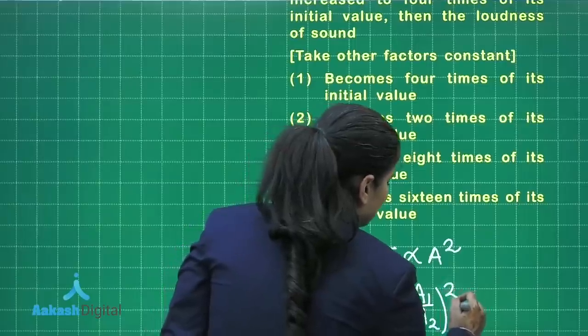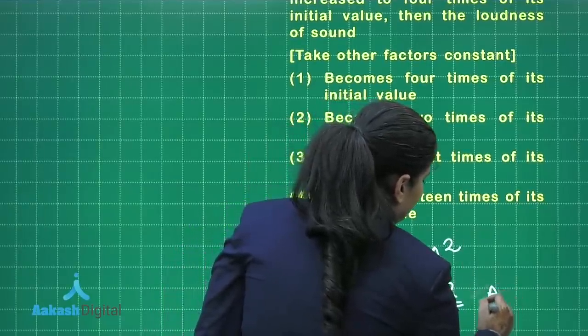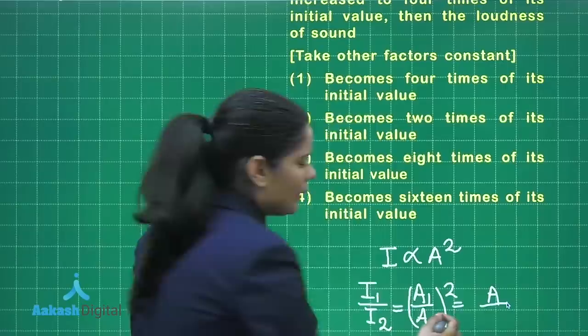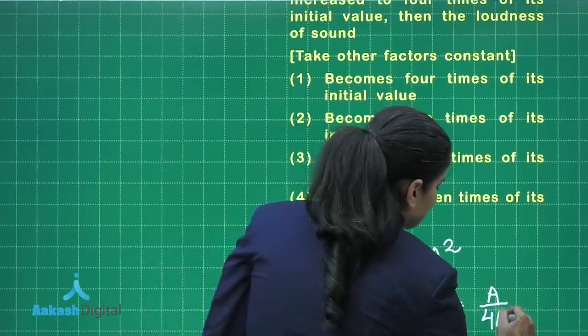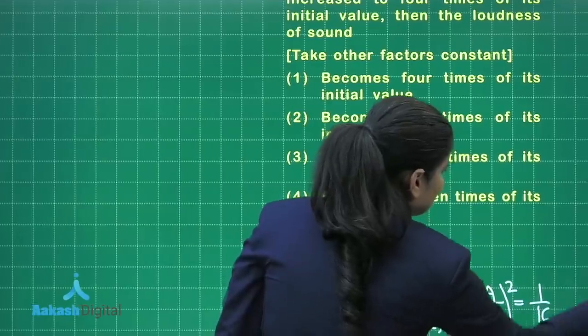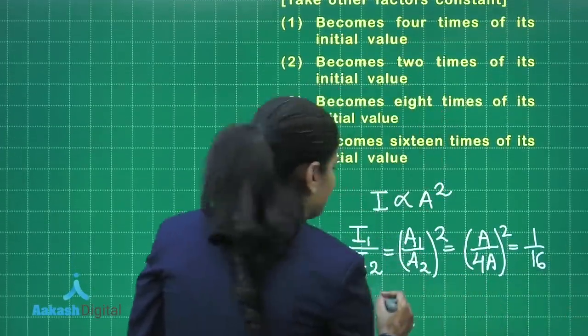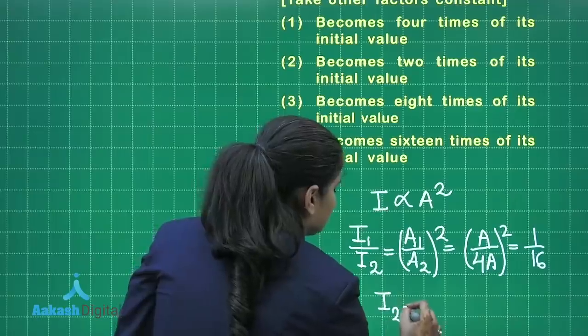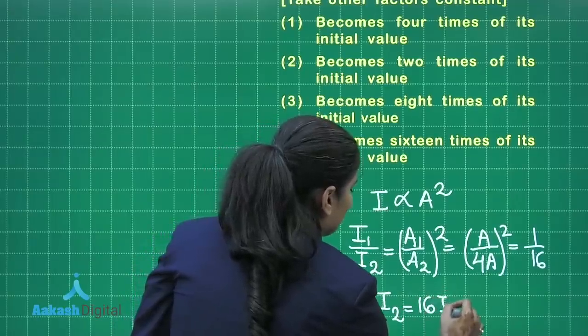If I just take the initial amplitude to be A, now the new amplitude is 4 times. So that will be 1 by 16, and that gives me I2 as 16 I1.